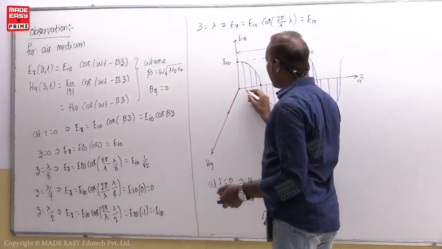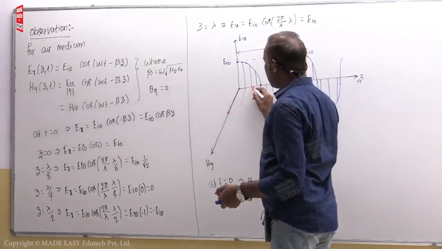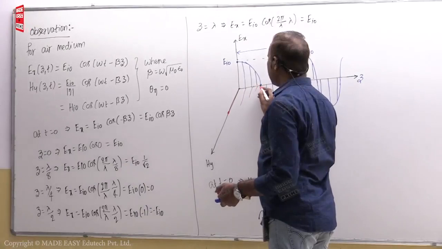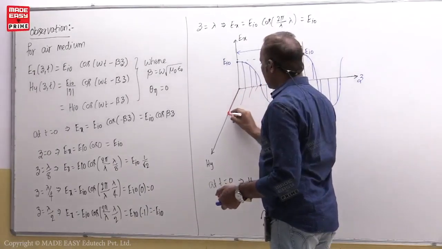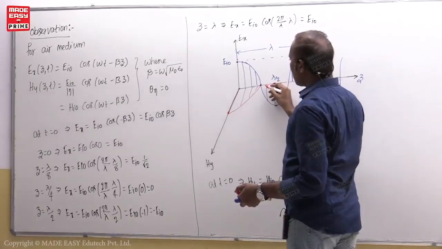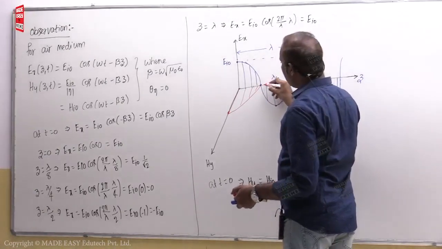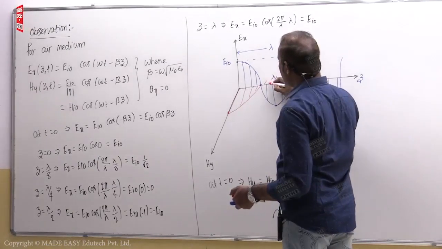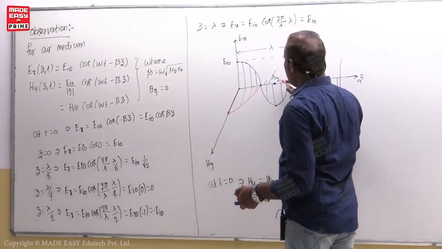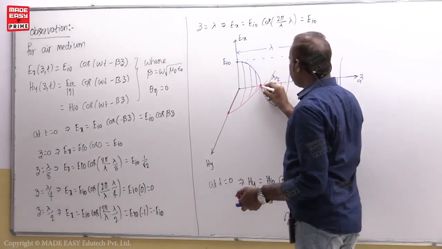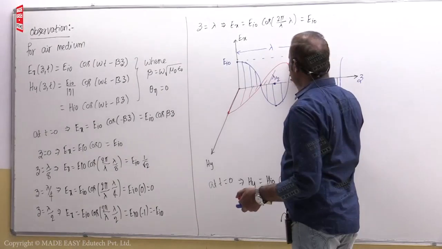So if I draw the lines like this, these lines are parallel to the y axis, and it is 0 here. So you have to draw like this. And similarly here you have to draw the lines parallel to the y axis, like this. Okay, so if you draw in this way, once again it becomes like this, students.